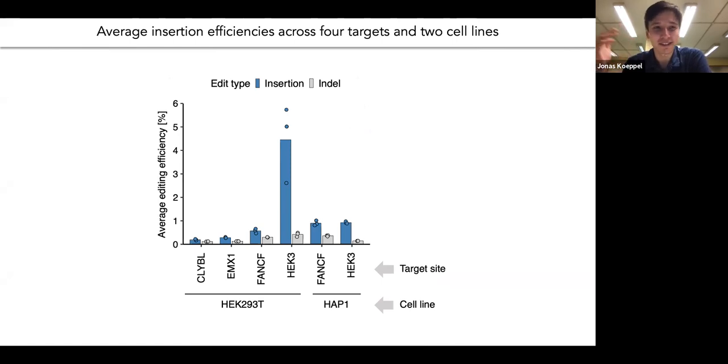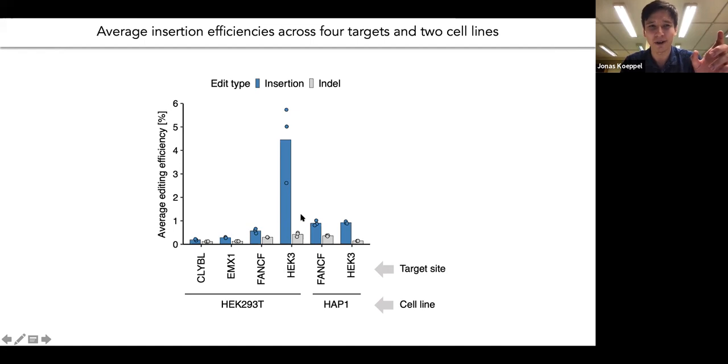I've tested a few things as well. For one, there's a very good paper by the Kim lab that characterizes a model called DeepPE that looks at many different target sites, because this one is quite limited in scope in terms of target sites. There are a lot of features that determine whether one site is good or not, like how good of a guide RNA this is, and the GC content of the primer binding site. I haven't run it for those sites, but I would assume that the HEK3 site would also score well in their model.